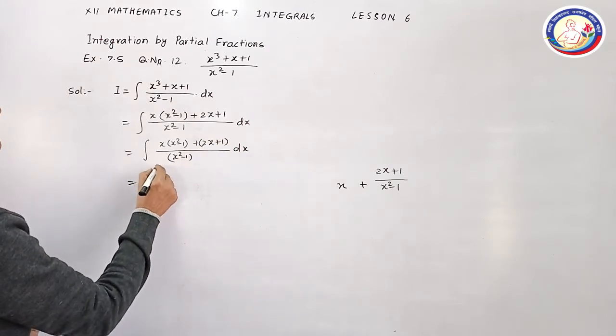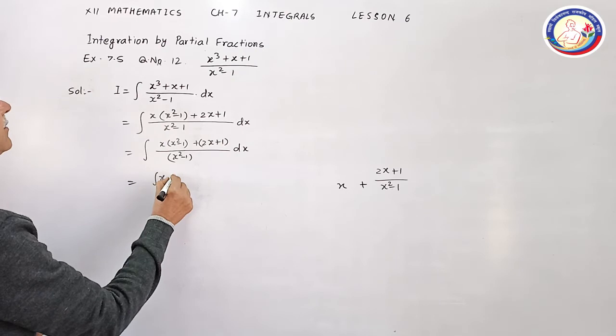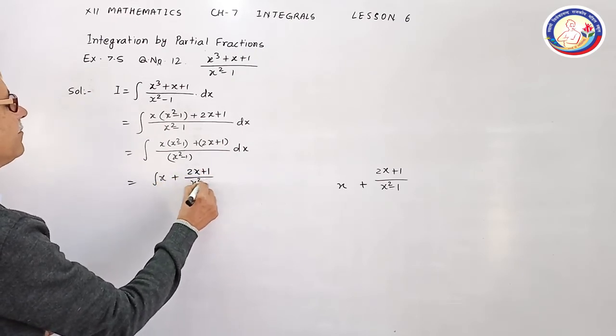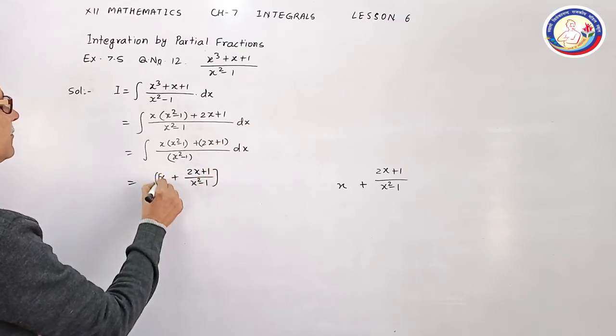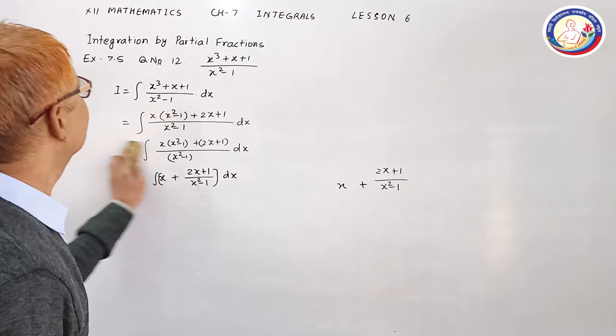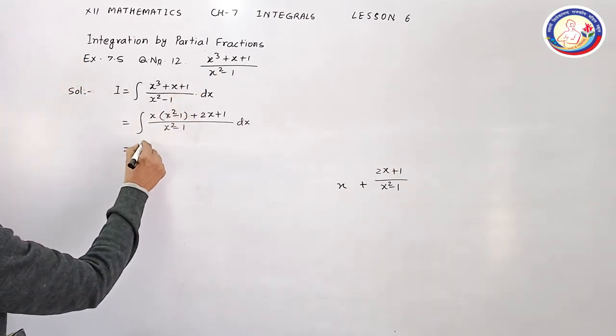It will be simply x plus 2x plus 1 upon x square minus 1 dx. Or we can put it directly here, write it directly here, as it is clear from here.